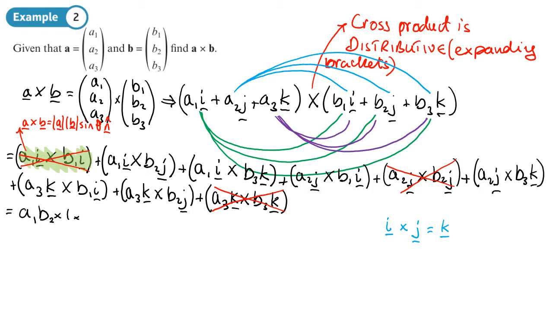Now I'm going to show you how you can remember whether they're positive or negative. Notice these are in alphabetical order, i, j and k. Now all I'm going to do is each time just shift the letters across, and they're still going to be positive. They're still going to be in alphabetical order. So I've got i, j and k with i in the first position.